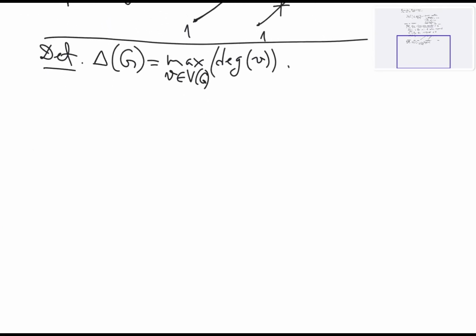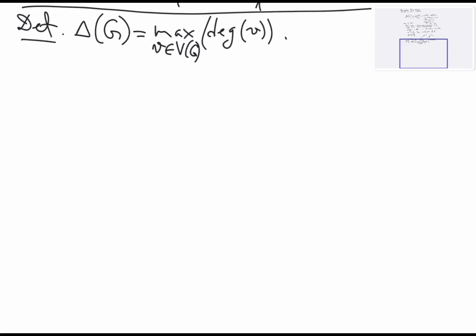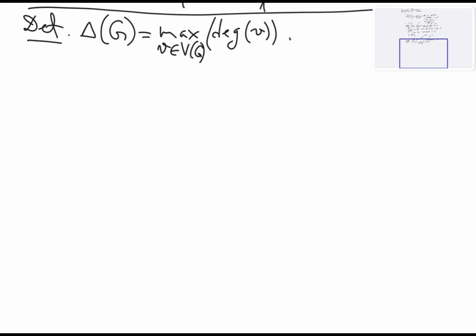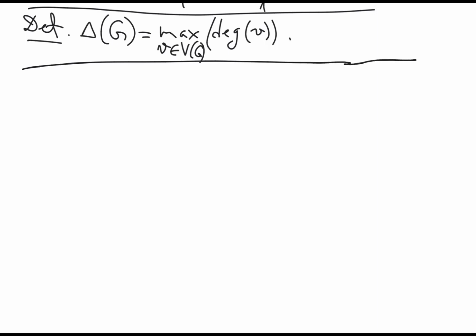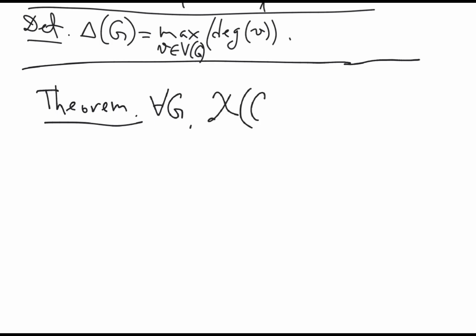And then there is a simple, not completely trivial but easy, upper bound on the chromatic number in terms of the maximum degree. It says that for any graph G, the chromatic number is less or equal than delta of G plus 1.